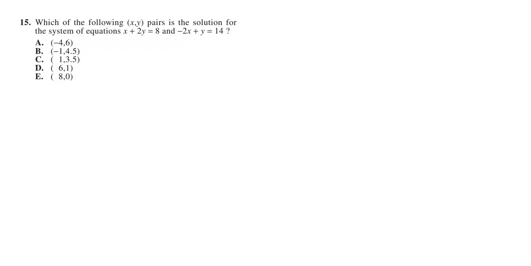Which of the following pairs is the solution for the system? Okay, when we say solution for the system, let's go ahead and just write out our system. X plus 2y equal to 8. Negative 2x plus y equal to 14. So what are we going to do here? We are going to try to see if we can just use substitution here.